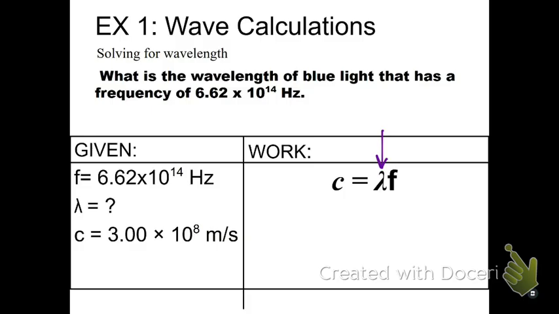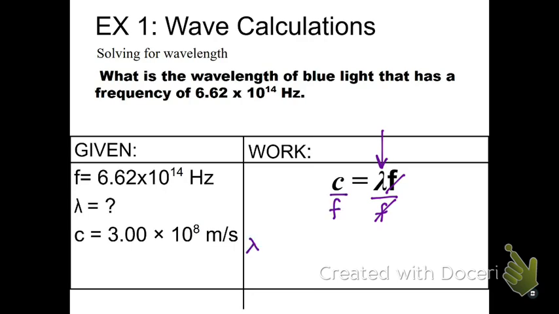How can I get wavelength by itself? How can I isolate lambda? Divide by f. Okay, so if I divide by the frequency, these cancel out. And whatever I do to one side, you got to do to the other. Divide by f.